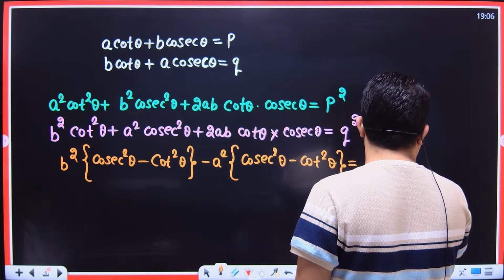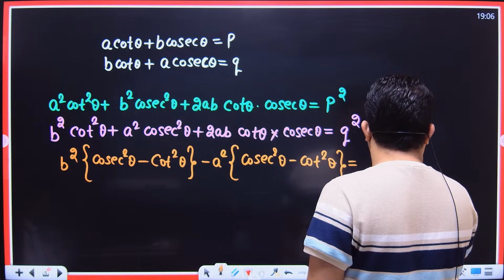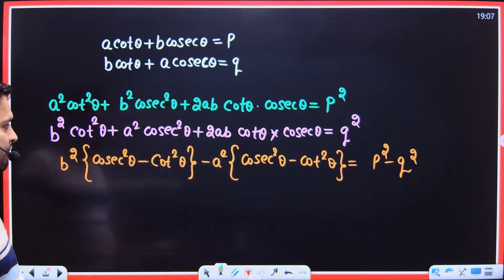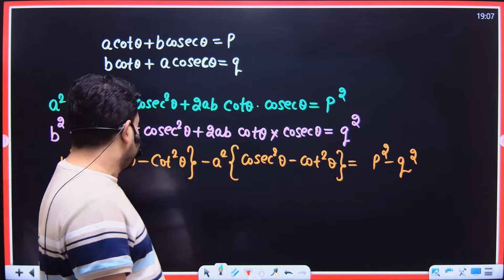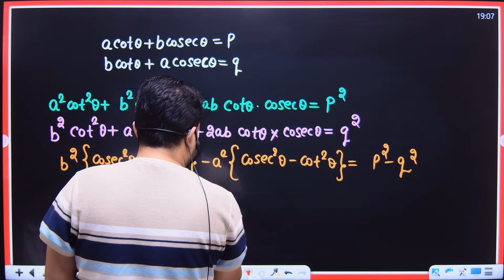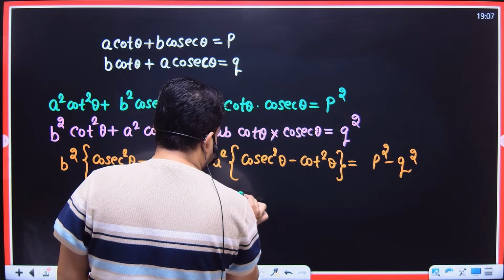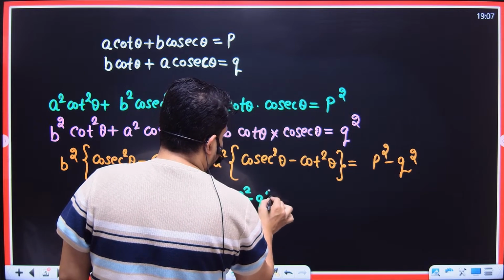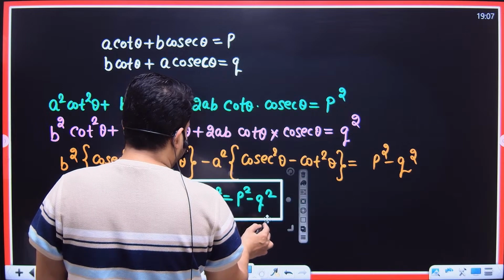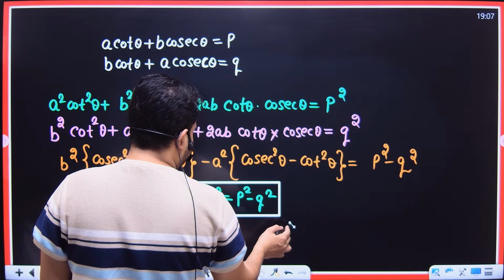This one is my required answer. Cosec square theta minus cot square theta is equal to 1, it's a universal identity. So B square minus A square is equal to P square minus Q square. You will always keep this thing in your mind.